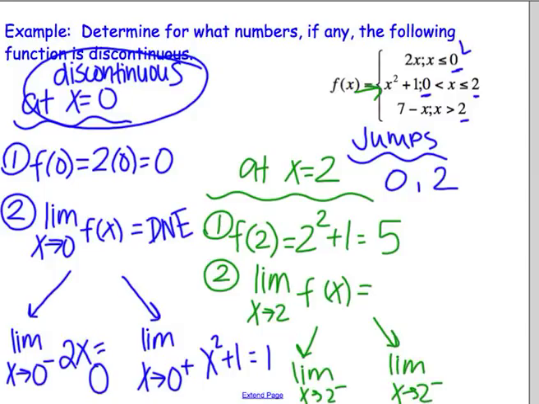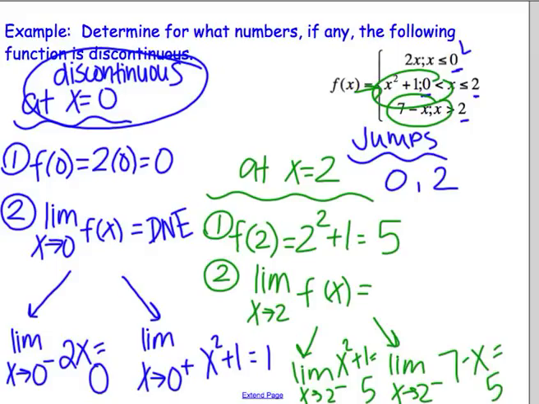Now, if I'm going from numbers just smaller than 2, I'm going to use the x squared plus 1 piece. If I put a 2 in there, I get out 5. If I want numbers just over 2, I'm going to use the 7 minus x piece, and I'm also going to get out 5. So the limit's 5. Those two are the same, which means that it is continuous at 2. So the only discontinuity is at x equals 0.